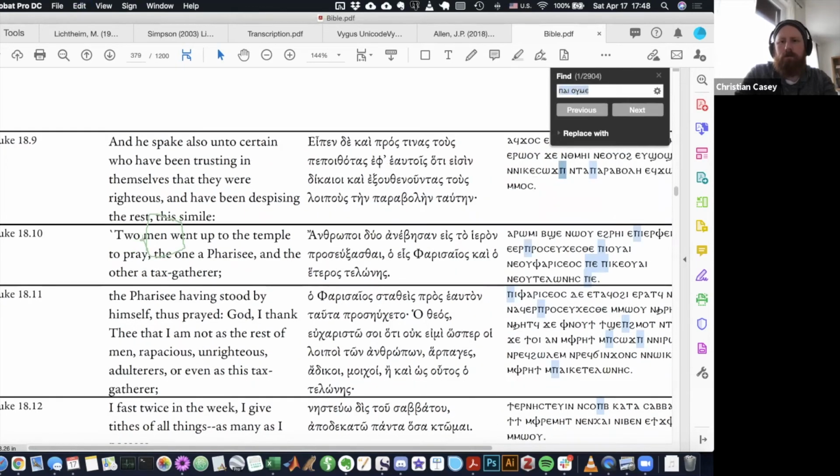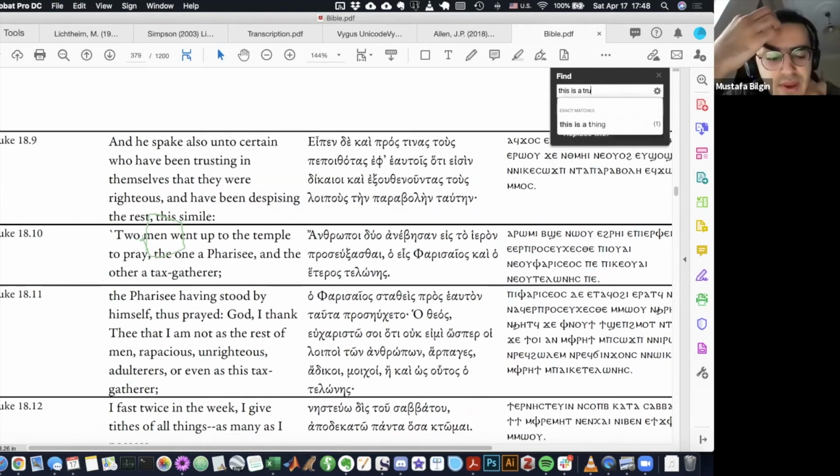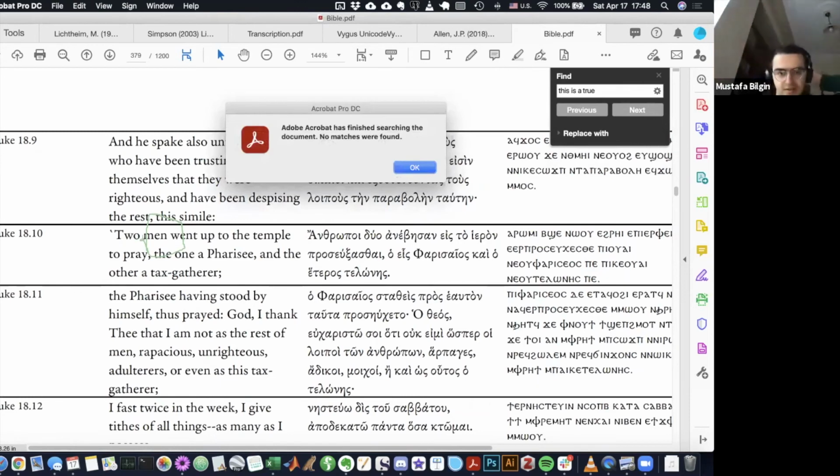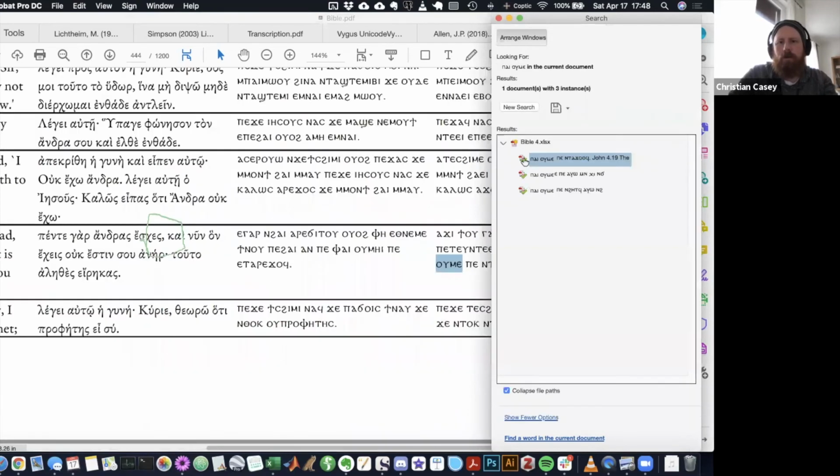Wow. This is true. Maybe no. You should try the Command Shift F combination for much more. Yeah, but then it opens this little window. Hey, there it is. Oh, good, there it is.